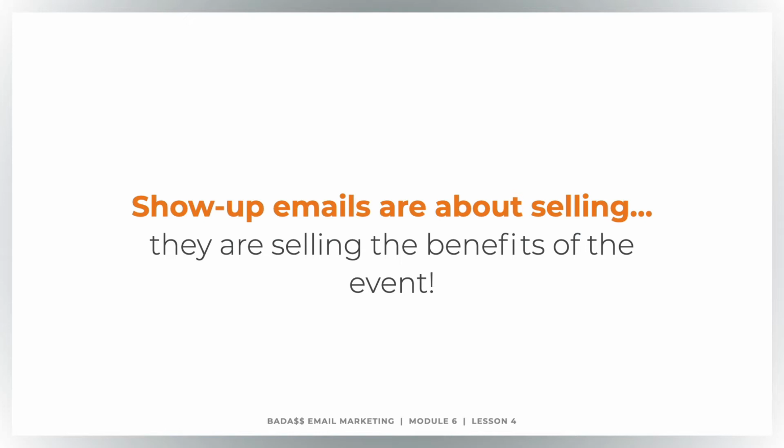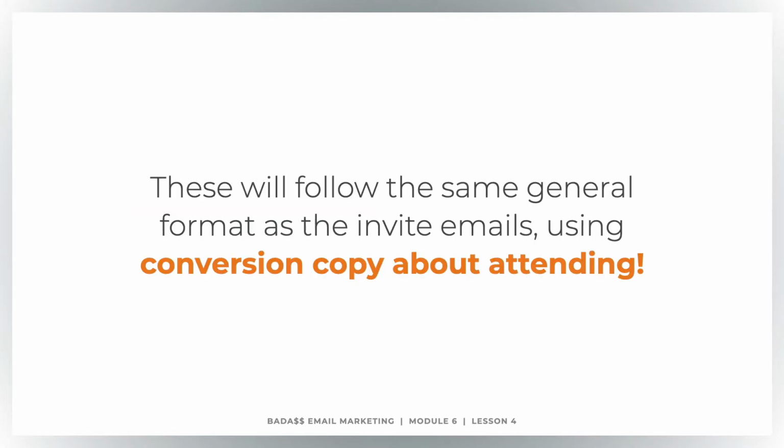Now, there's a subtle distinction here, and we'll talk about it a little bit. Depending on how you're structuring your launch, there may not be a huge difference between the two, but there might be, if there are things that they could only get if they show up live. So these will follow the same general format as the invite emails, using conversion copy about attending. Here the conversion copy isn't about registering, it's about attending.